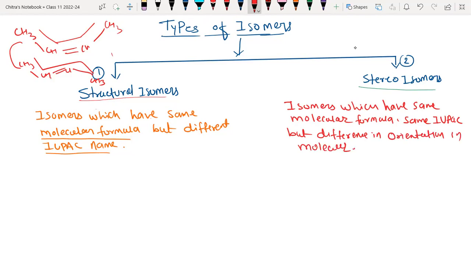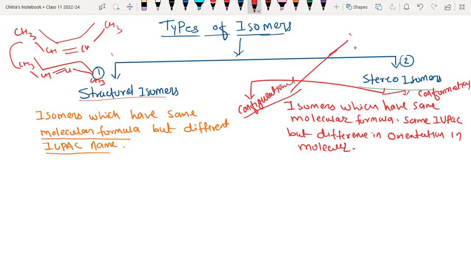Even in stereoisomers we have two types. One is called configurational, and the other one is called conformational. Configurational isomers cannot be synthesized in the laboratory, but conformational ones can be synthesized in the laboratory.